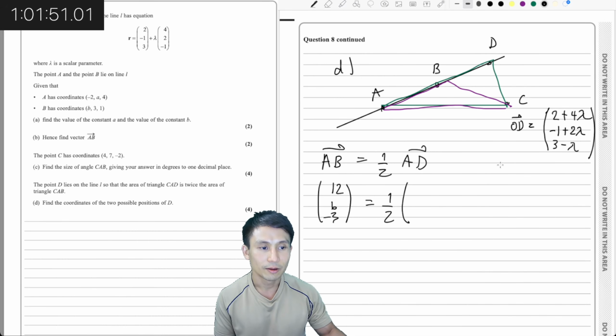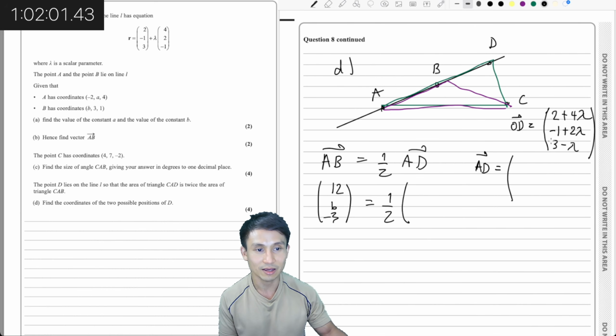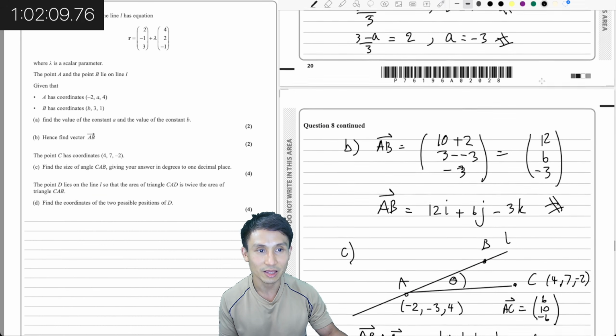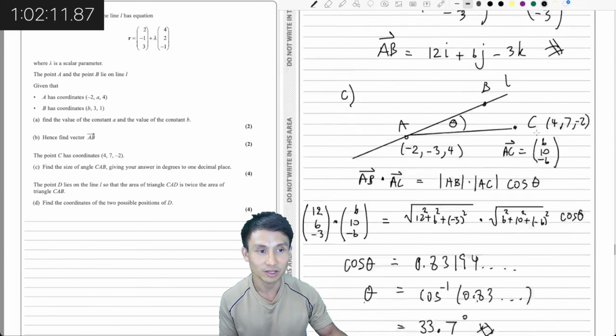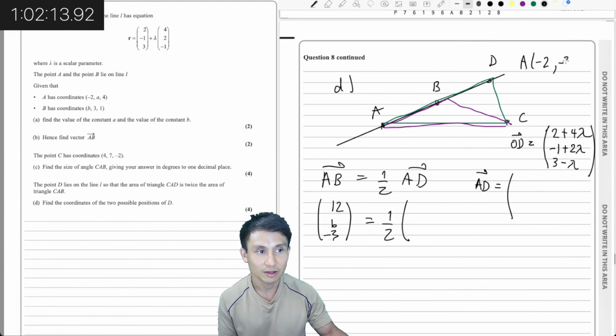Okay, so then AD would be equal to OD minus OA. So this is AD. OD minus OA, so we get that thing minus A. Let me write down A first here. A is minus 2, minus 3, 4.